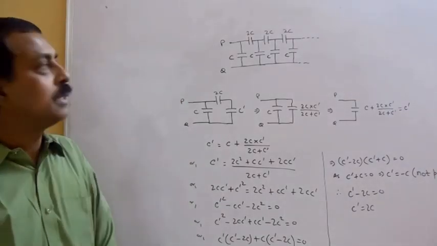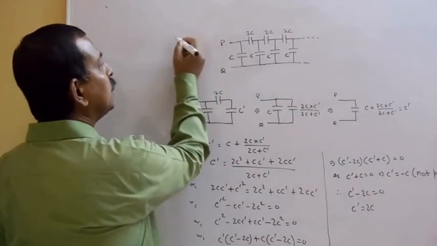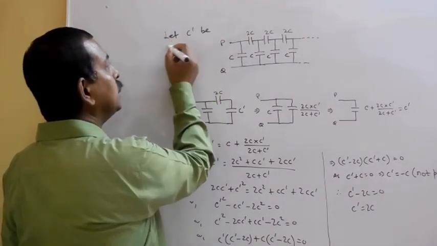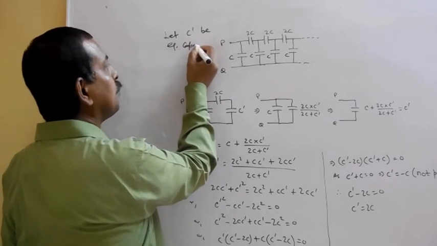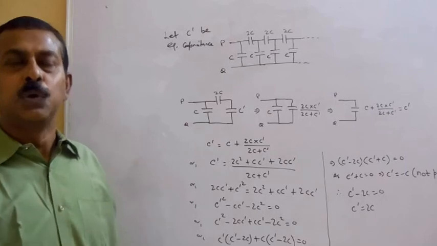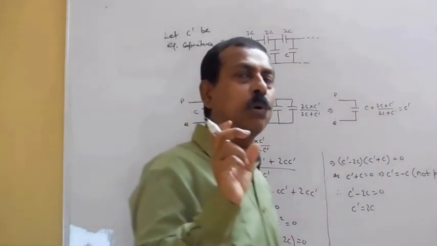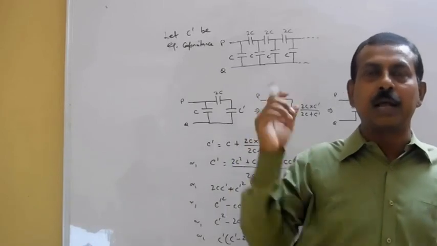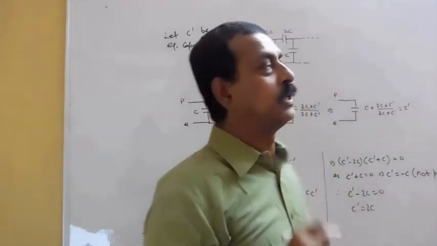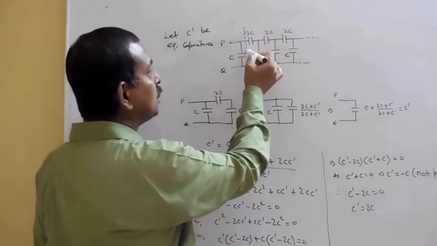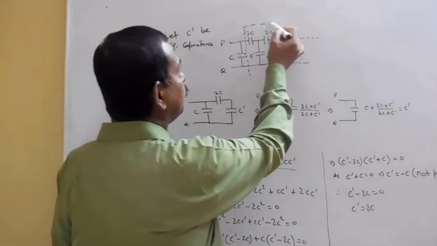What we first of all assume is that let C dash be the equivalent capacitance of the given network. We will try to find out one unit of this network and try to isolate that one. Suppose I take isolation from this point.